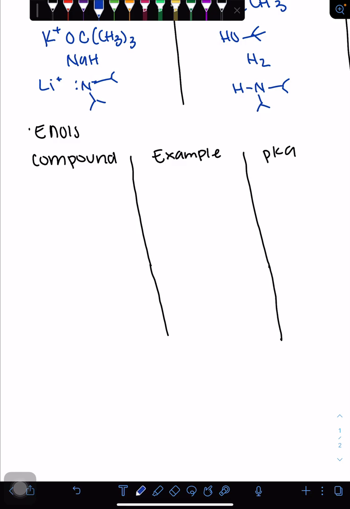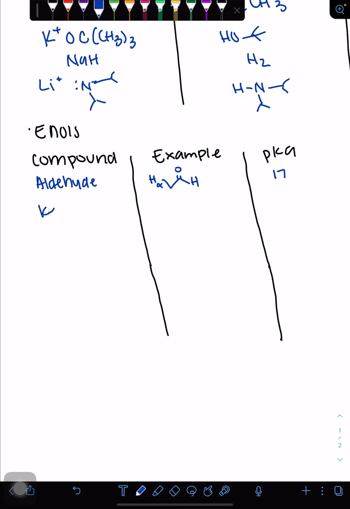Okay, so let's say we started off with an aldehyde. And we had this. We have a hydrogen here and a hydrogen here. But this hydrogen is an alpha. Our pKa would be 17.